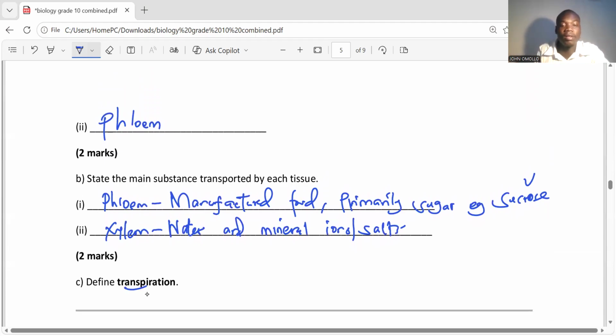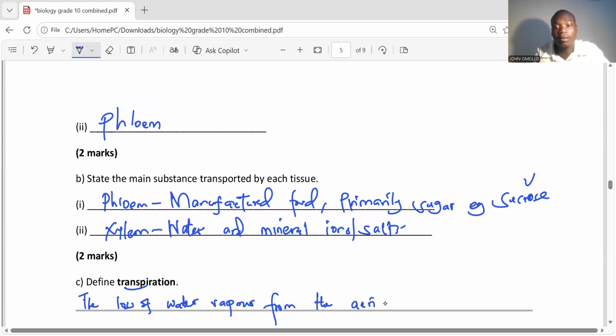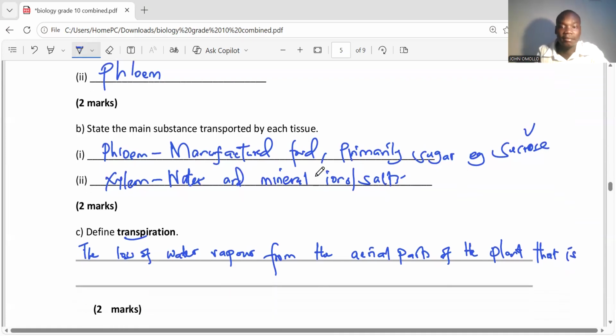Transpiration. You realize that this refers to the loss of water vapor from the aerial parts of the plant. I know you will wonder, what are these aerial parts? That is through the stomata.